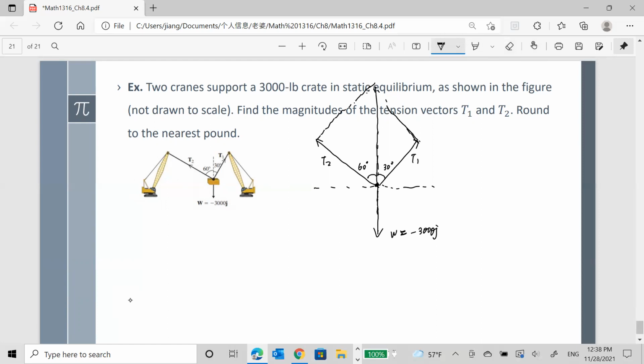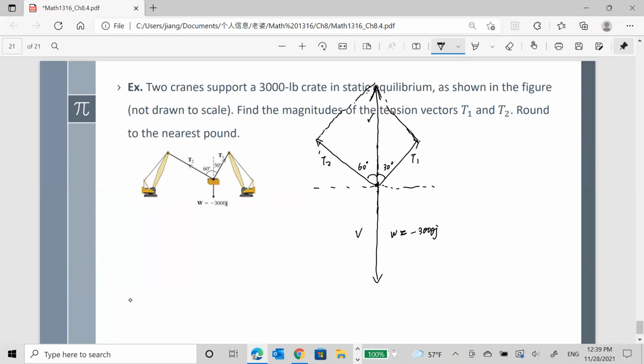So this vector must be equal to this vector. So this one, I need to make it longer. So it's going to this direction. 3000 J. So that means T2 plus T1 on the J direction, that's 3000.